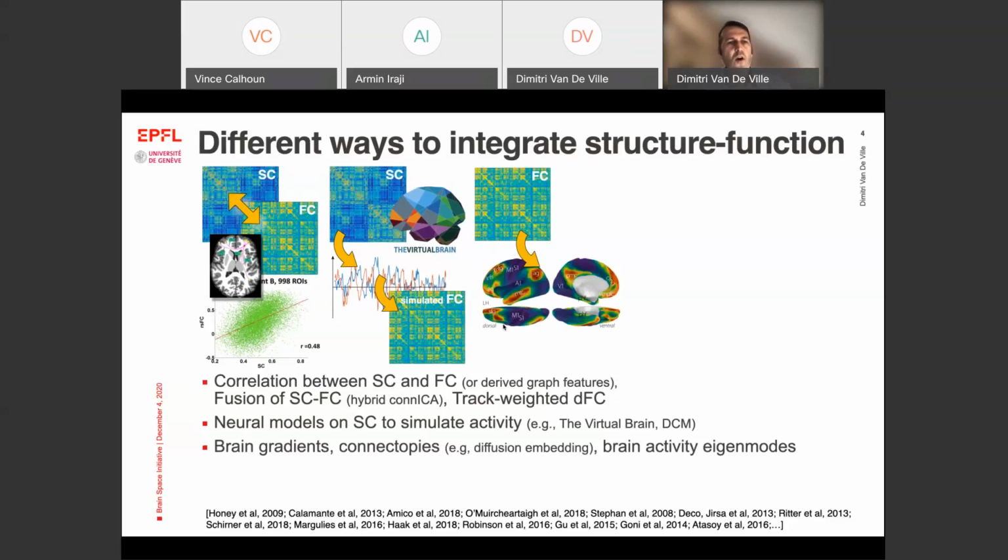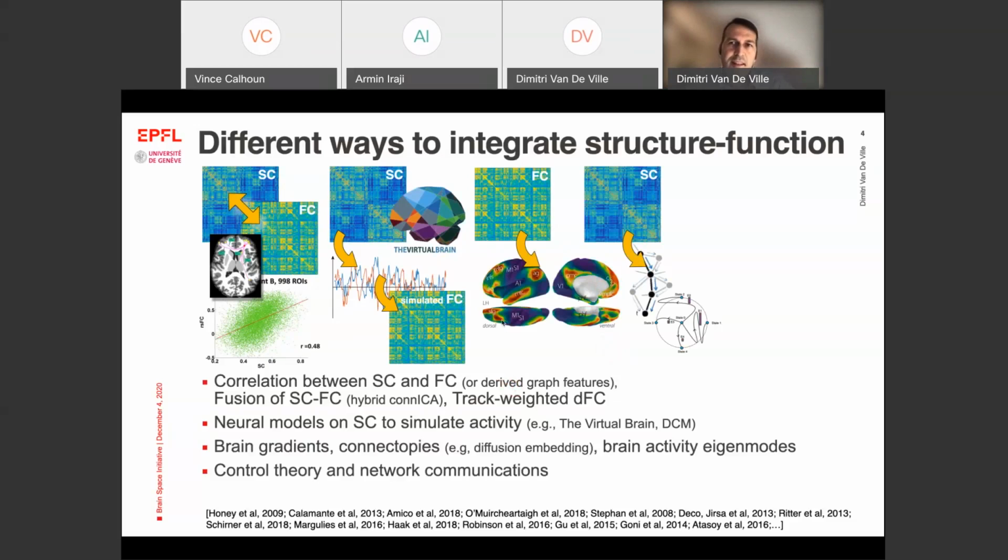We've seen a whole field emerge around brain gradients and connectopies, also called brain activity eigenmodes, which are using functional connectivity from which gradient maps or principal components have been derived.